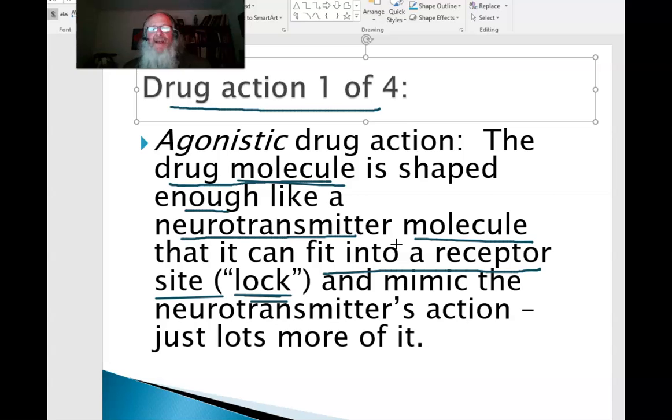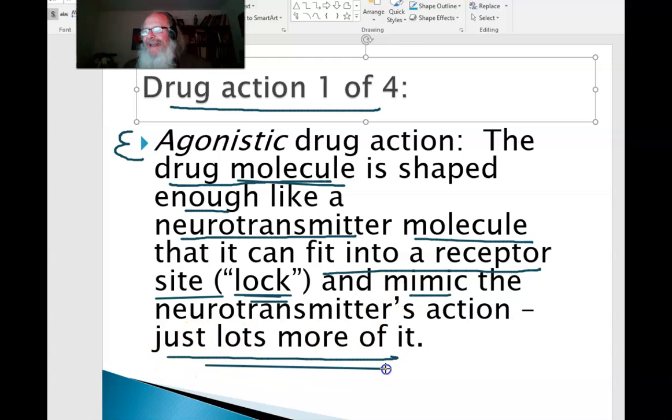It unlocks the receptor site. When we're talking about this kind of drug action, the agonistic drug action, it's an excitatory, turn-on molecule and mimics the neurotransmitter's action.